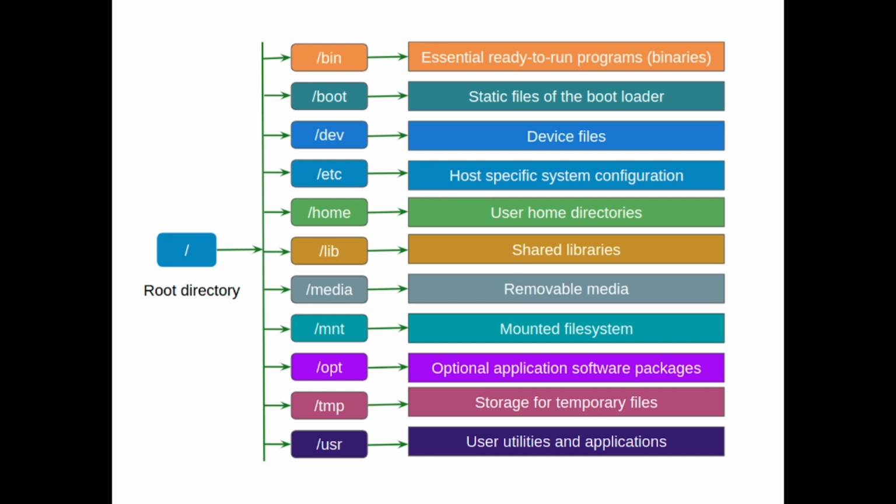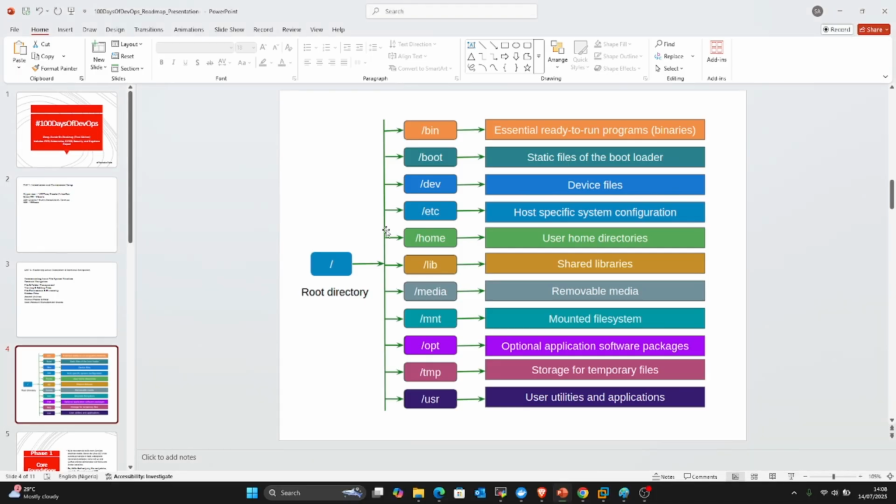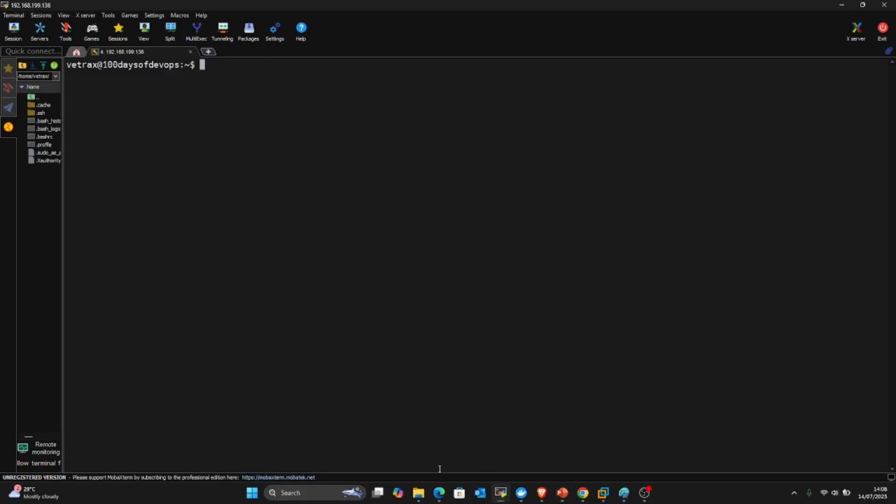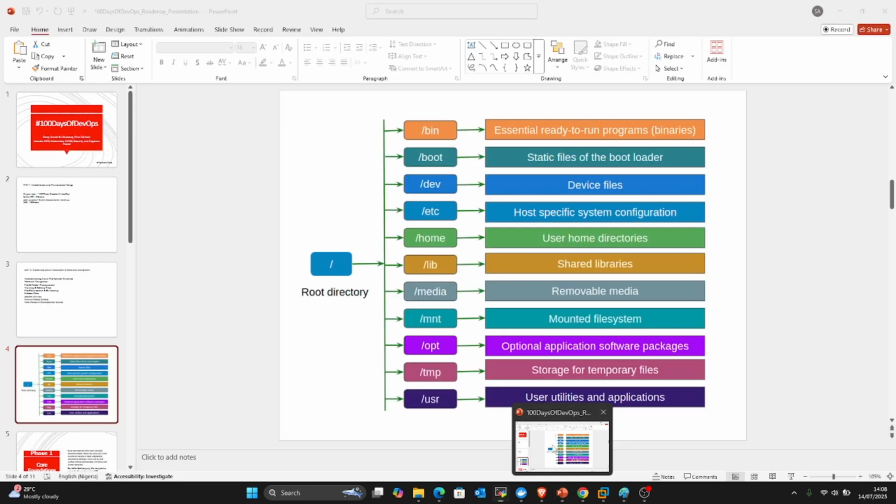So I'm going to go to our terminal now and show us all this. If we go straight to the terminal, you will notice that there is a / before all this: /bin, /root, /dev, /etc.